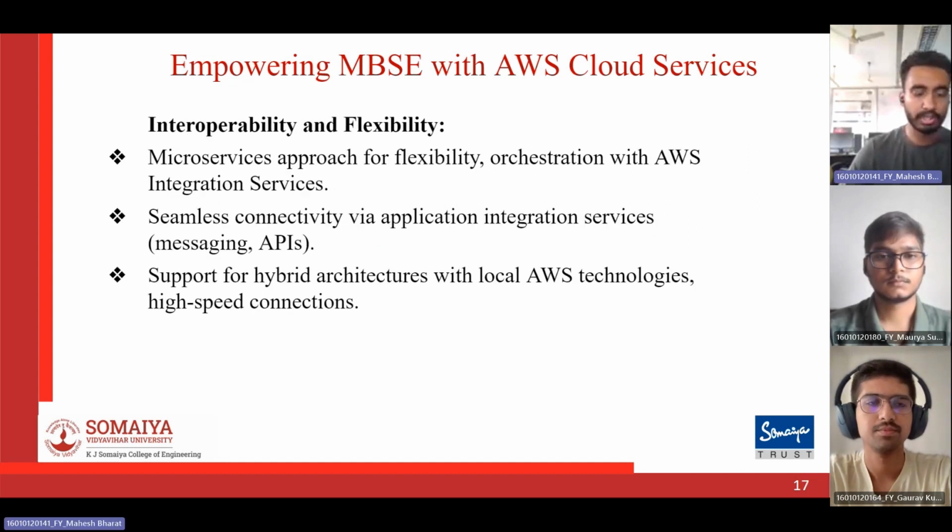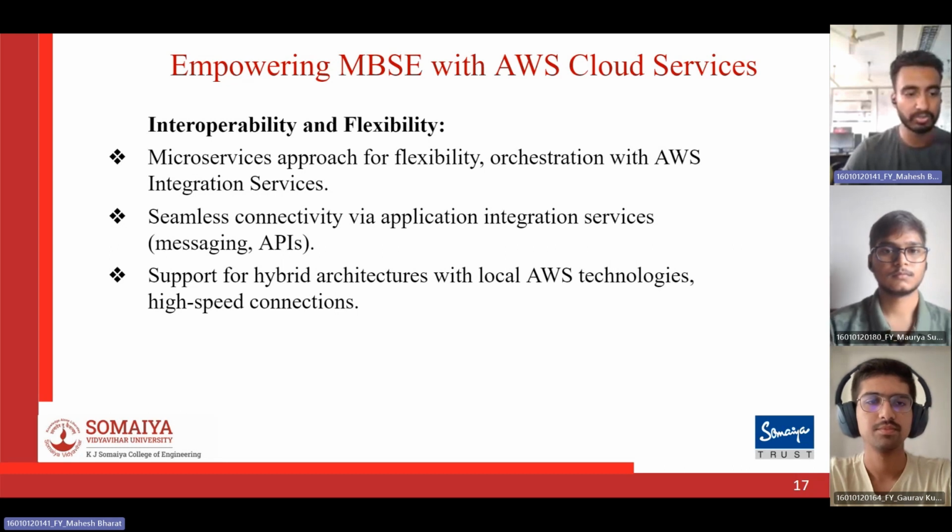Talking about interoperability and flexibility, AWS supports a microservice approach for flexibility, allowing seamless connectivity through application integration services. It also enables hybrid architectures, combining local AWS technologies and high-speed connections, offering interoperability between different systems and services.